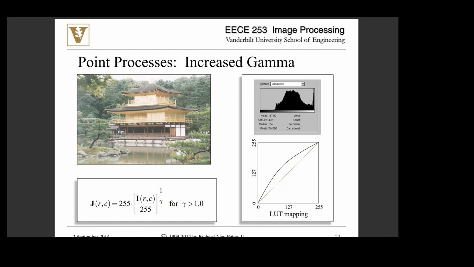Everyone agrees? I partly agree. It is increasing here, where the slope is larger than 1, but here the slope is smaller than 1. So it is increasing the contrast in the low values, the dark areas, and it is decreasing the contrast in the bright values.